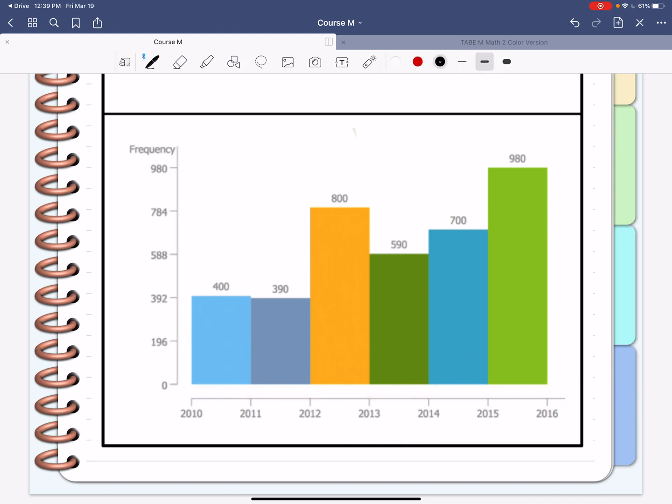So let me go ahead and label this. We really need a label down here. These are years and frequency. So this graph is showing me something about the years 2010 through 2016 and the frequency of something happening in those years. Okay?